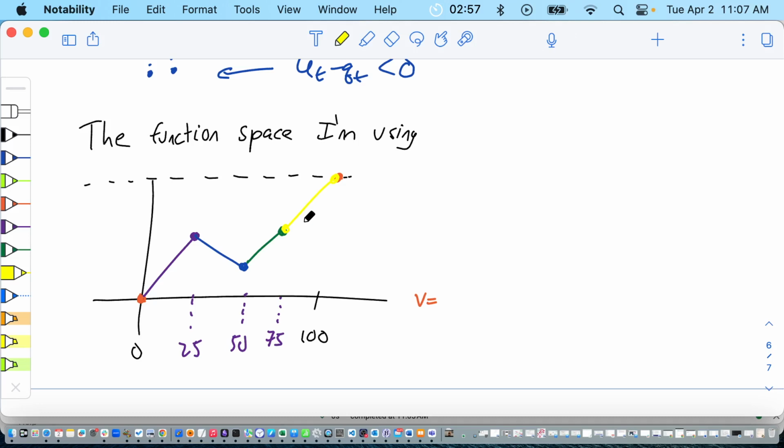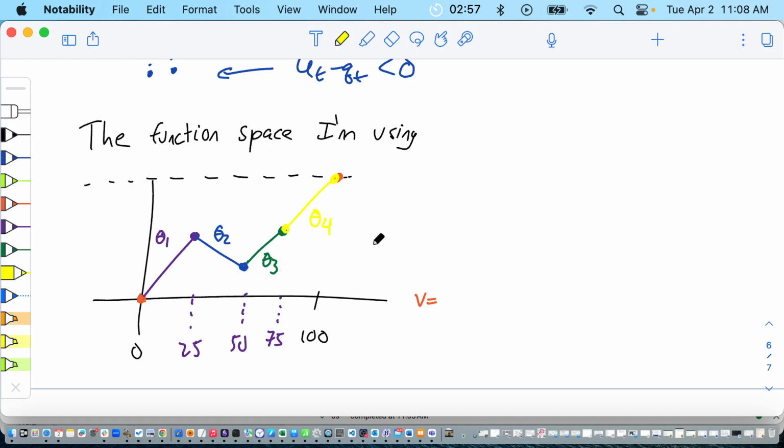The work you would have to do is explain to the computer how to make this in terms of parameters. So you have 4 parameters in this case, and you have to explain to the computer how to take my 4 parameters and come up with this function. The way I did it was I made the 4 parameters the 4 slopes. There's a slope theta 1, a slope theta 2, a slope theta 3, and a slope theta 4, which you can barely see because it's in yellow.